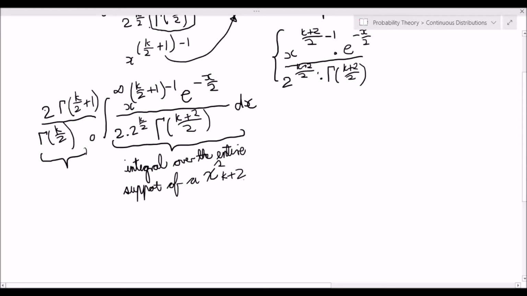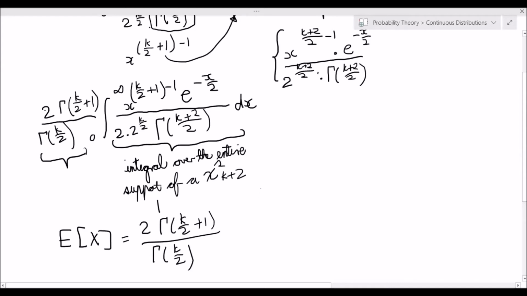So we know that that integral will simply evaluate to 1. So that means that the expected value of x is equal to 2 times the gamma of k over 2 plus 1 divided by the gamma of k over 2.